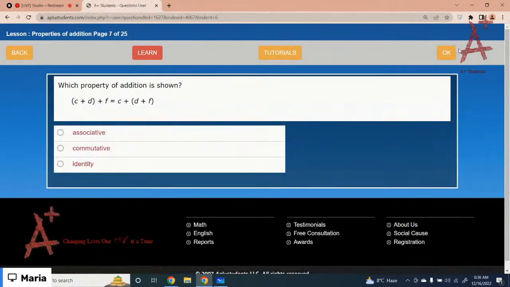Okay, which property of addition is shown? Which property is it? Yes, three numbers are involved, so it would be the associative property. Got it?